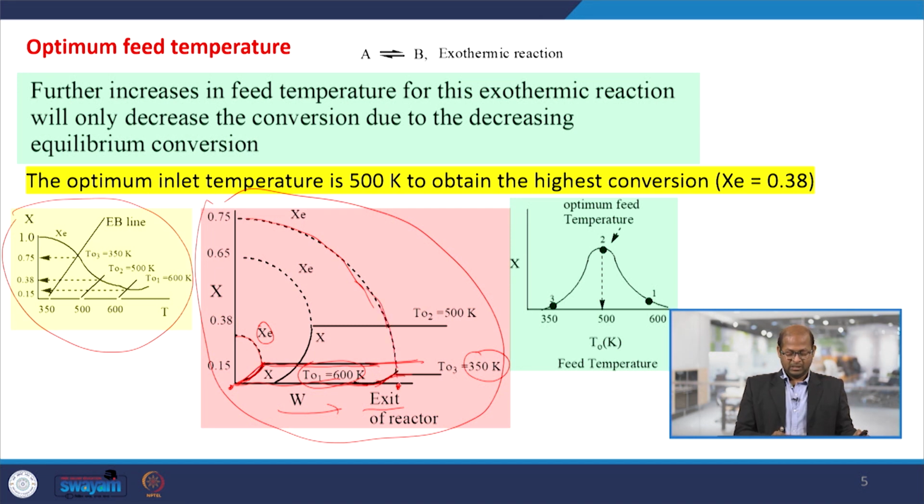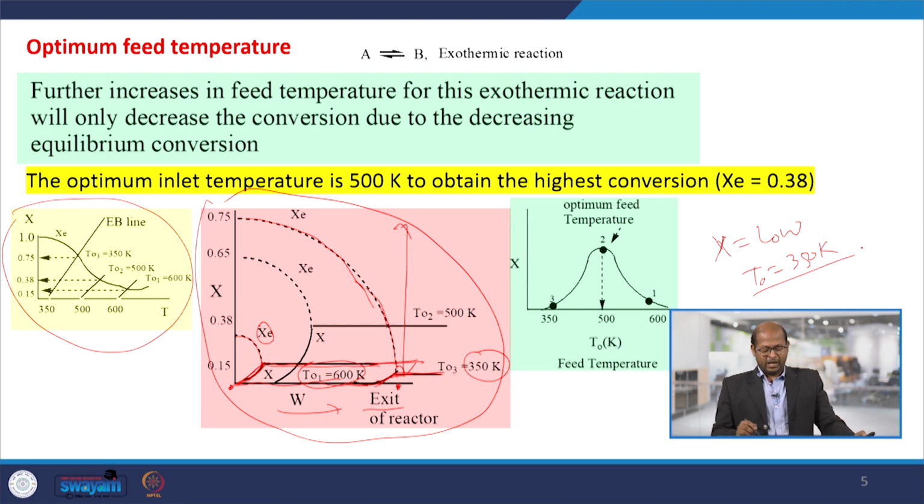Due to the reaction, there is some gap between the conversion and the equilibrium conversion. At the exit of the reactor we get very low conversion. Therefore, most of the reactants leave the reactor without reacting, and the overall conversion is very low when T0 equals 350 Kelvin.